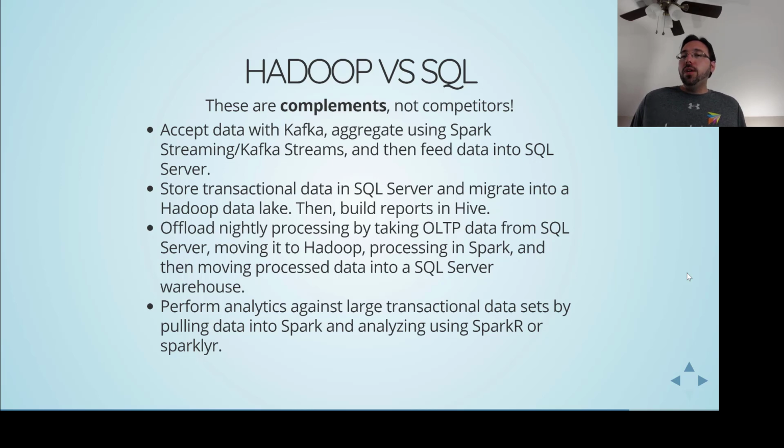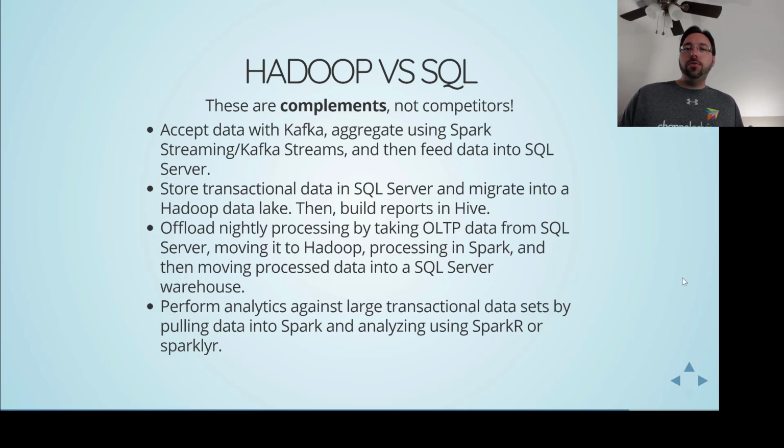Or you're offloading data from your SQL Server, nightly batch processing using Sqoop, dumping it into Hadoop, processing it in Spark, and you're doing some more heavy processing than you want to do in that relatively more expensive SQL Server or Oracle database. And so on. There are quite a few other cases that you might be able to think of where you're combining multiple different platforms and getting out a result that is beneficial for the business.